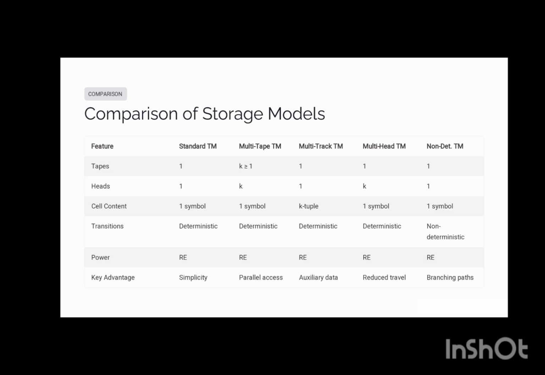When choosing a model for analysis, select based on the problem: use multi-tape for time complexity proofs, multi-track for structured data problems, and non-deterministic Turing machines for NP class analysis.